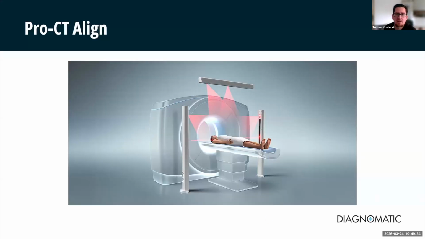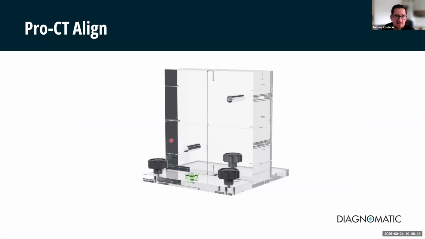CT in radiotherapy. Because even small misalignments can affect treatment accuracy, dedicated phantoms like the Pro-CT Align are used to verify laser to CT alignment. You just scan the phantom every day.